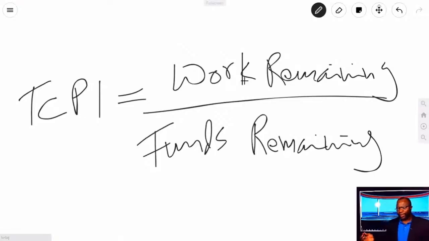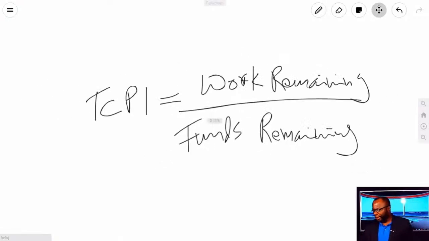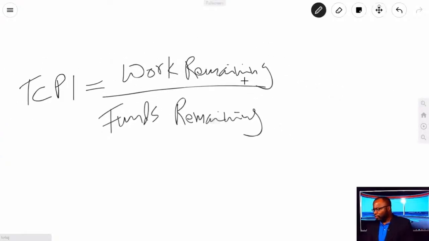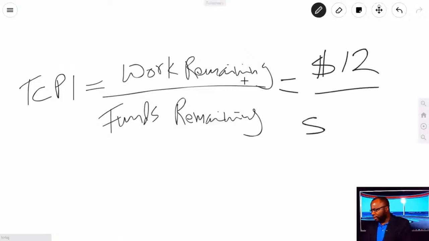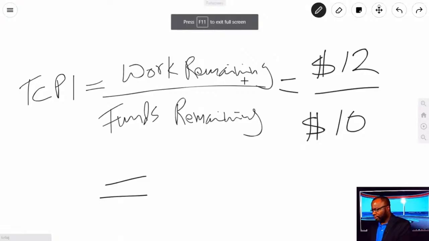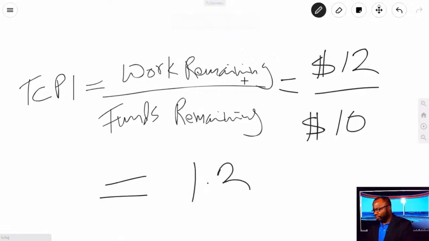If your work remaining is higher than your funds remaining, you've got a problem. If your work remaining is $12 and you've only got $10 of funds remaining, that's not good. Your TCPI in this case, it's an index, so there's no dollar sign, is 1.2.